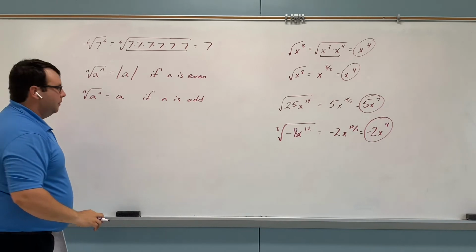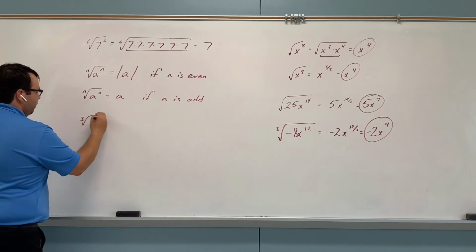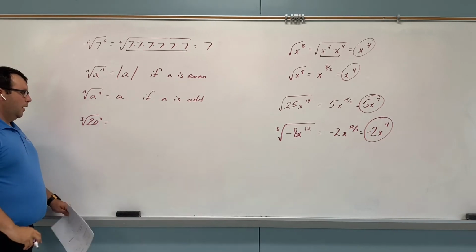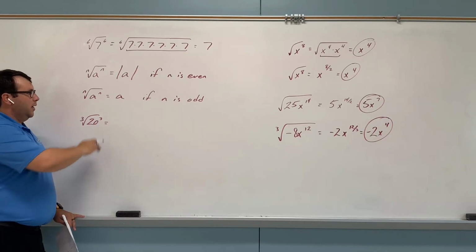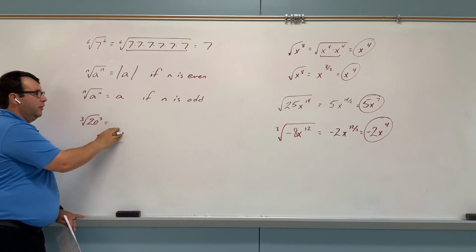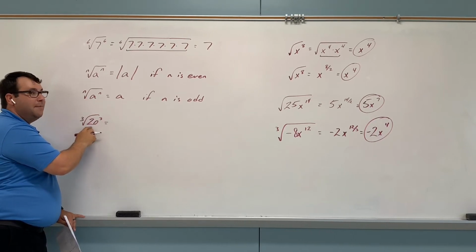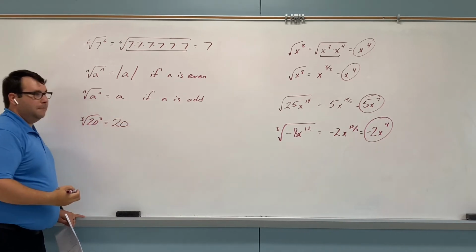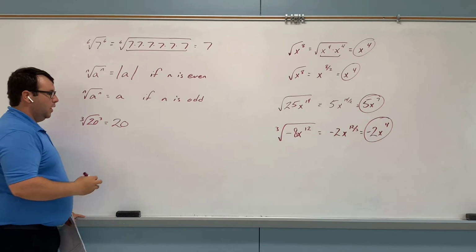So let's put this into practice. Let's say I have the cubic root of 20 cubed. So the cubic root of 20 cubed, I'm looking at an n value that is odd. So my end result here should be just a, that base radicand. So that would just be 20. Cool.